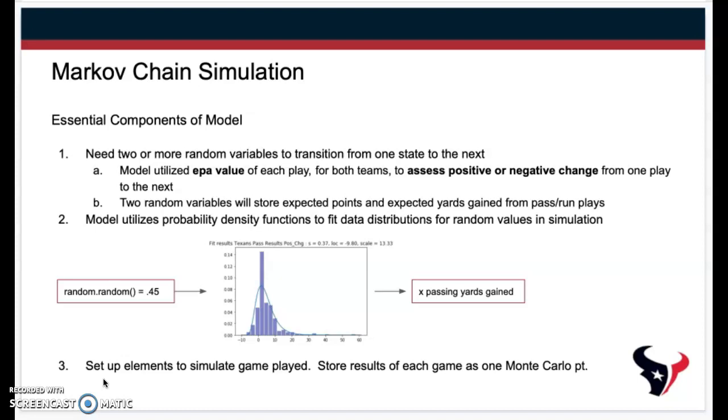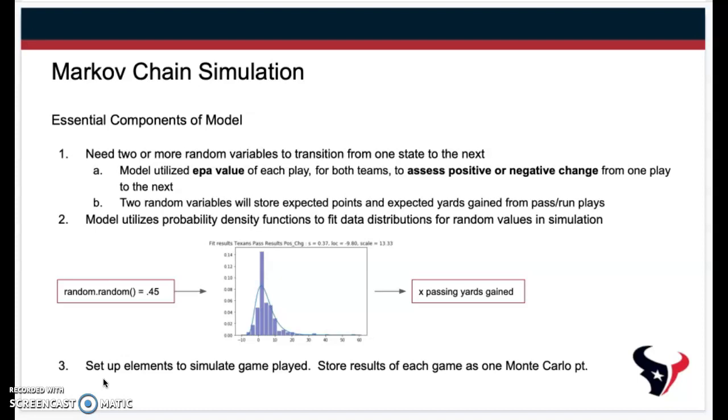So we'll spend more time on that. But moving on, to set up the elements of a simulated game, this actually looked at setting up elements of an offensive drive. The first components of the drive would be your starting field position and then the number of plays you were going to have on that particular drive.